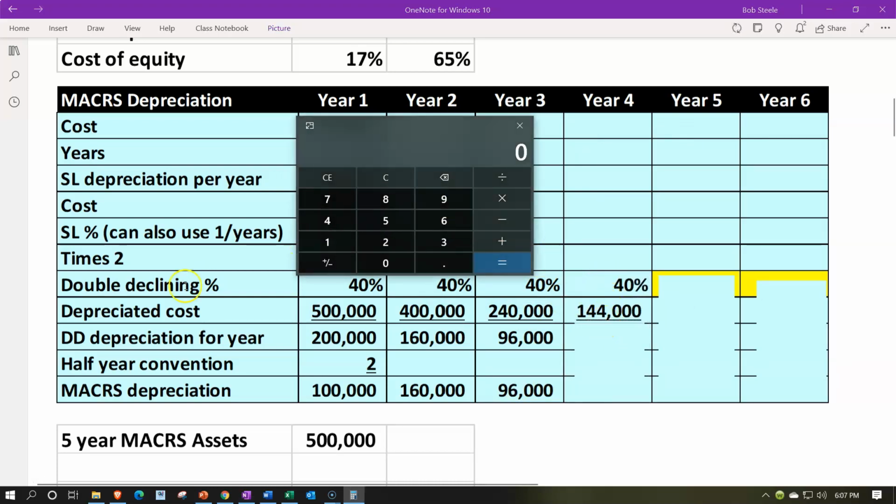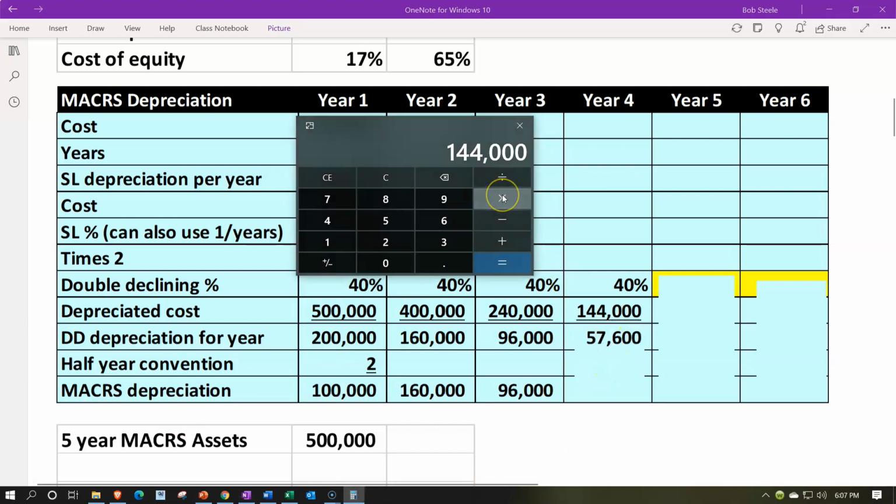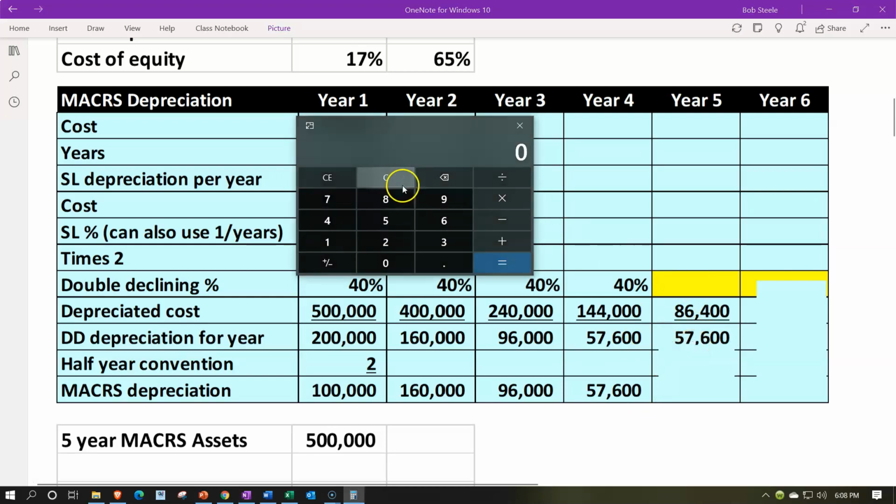We're doing this in order. So now we're going to take the 240,000 minus the 96,000. Here's our book value on a tax basis, meaning cost minus accumulated depreciation, 144,000, times the 0.4, gives us the 57,600. Then if we take the 144,000 minus the 57,600, we're at the 86,400.